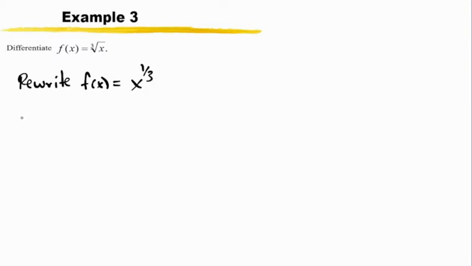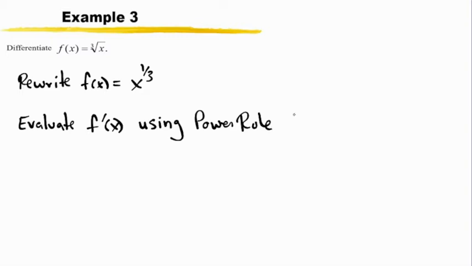Now we can evaluate the derivative. So evaluate f prime of x using the power rule. And we see that f prime of x is equal to 1/3 x. When you subtract 1 from 1/3, you get negative 2/3.